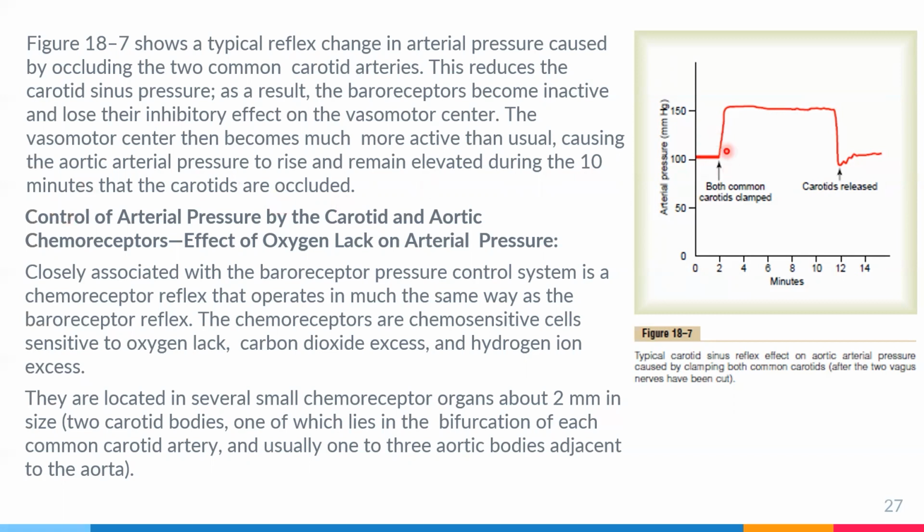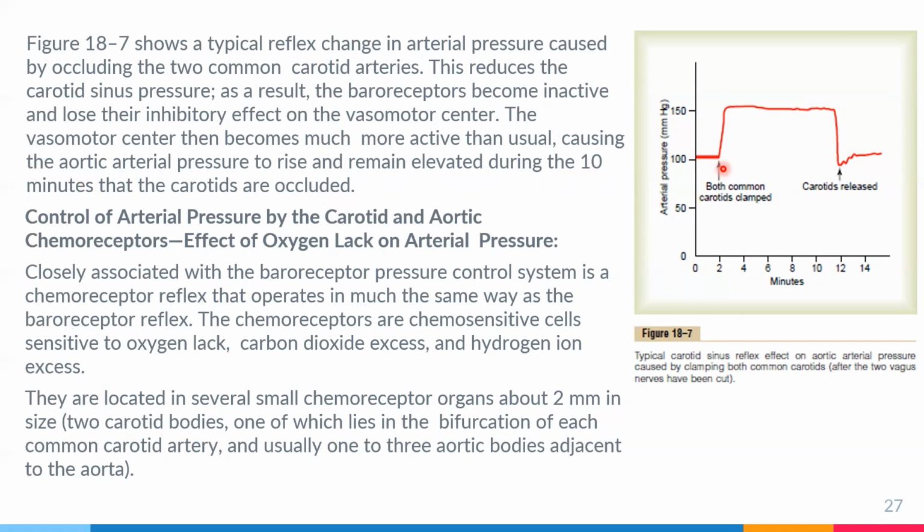So at this point in time, both the carotids were clamped and blocked. This caused the baroreceptors to not be activated. In normal conditions, the baroreceptors signal to the vasomotor center and have an inhibitory effect.